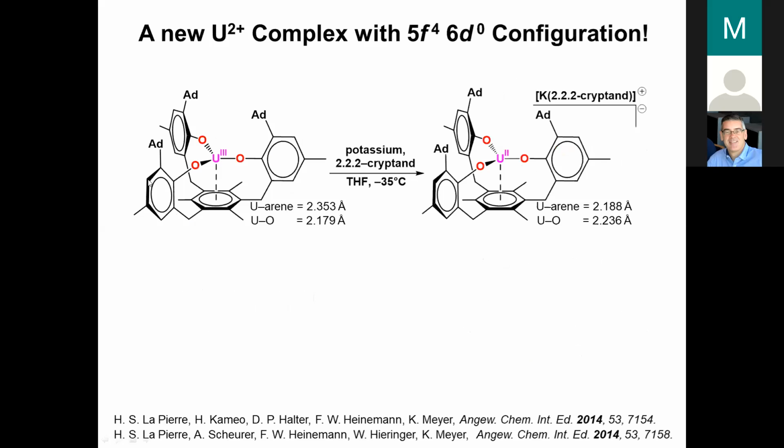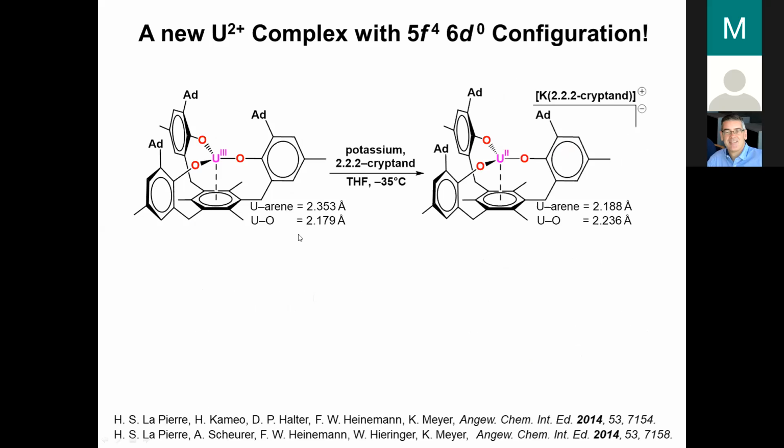With the uranium(III) complex in hand, we finally successfully achieved the chemical reduction under identical conditions to what the Evans group had done, with potassium and 2.2.2 cryptand, and we could isolate our uranium(II) complex also with a non-coordinating potassium ion encrypted.